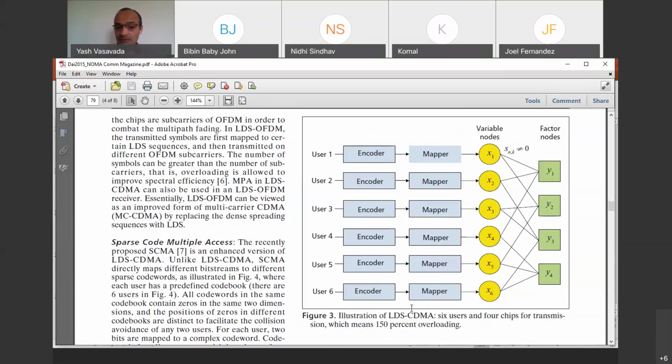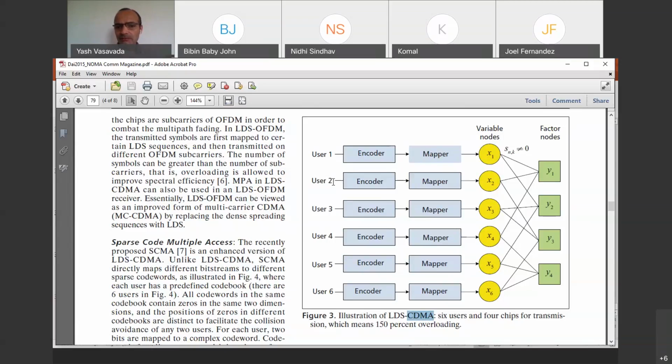This is actually just a CDMA scheme where each user is transmitting some data, and that data is being spread using a spreading sequence, very much like what you have done in Lab 4 of CT509.